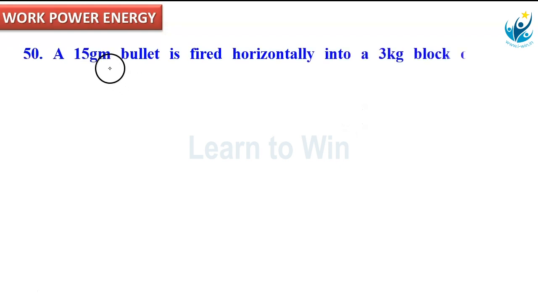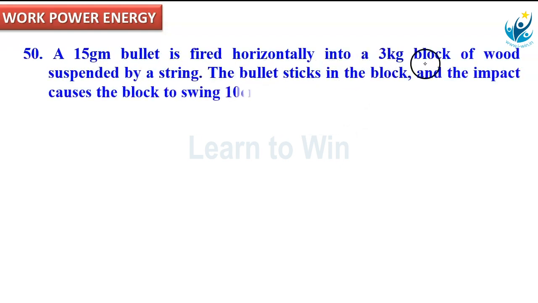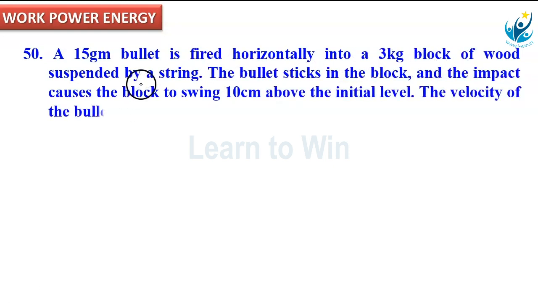Let's do this problem based on the applications of the work energy theorem. A 15-gram bullet is fired horizontally into a 3 kg block of wood suspended by a string. The bullet sticks in the block and the impact causes the block to swing 10 cm above the initial level.